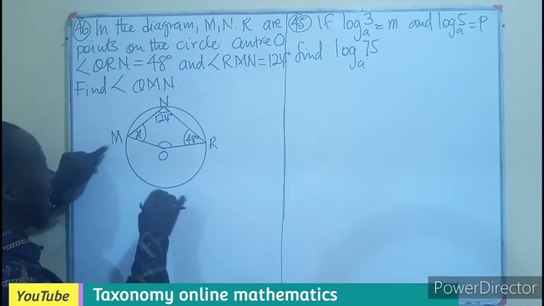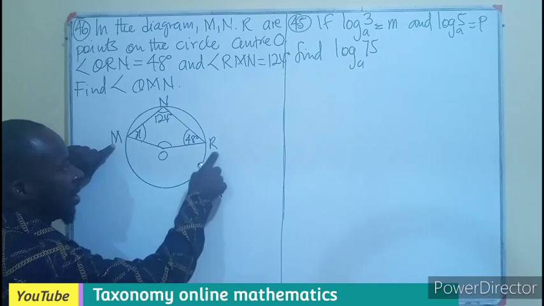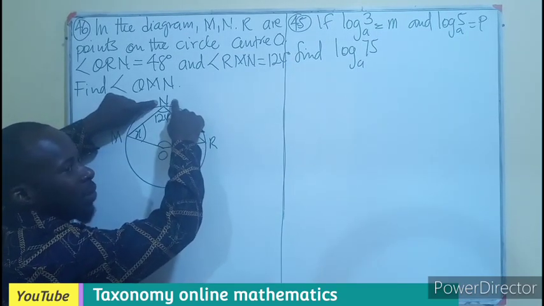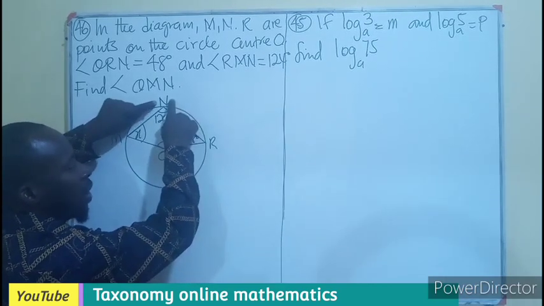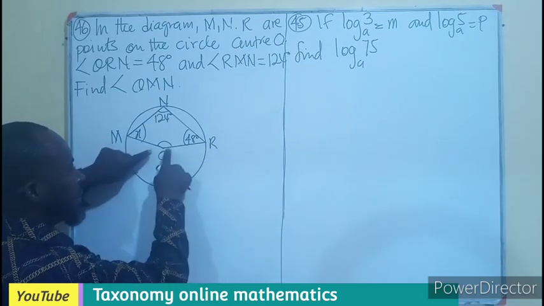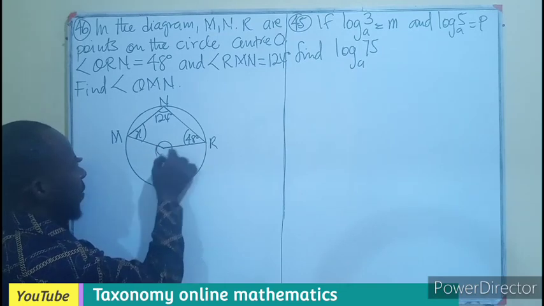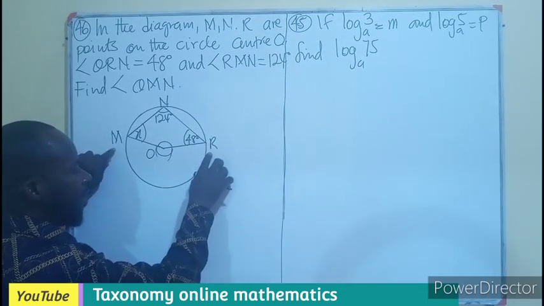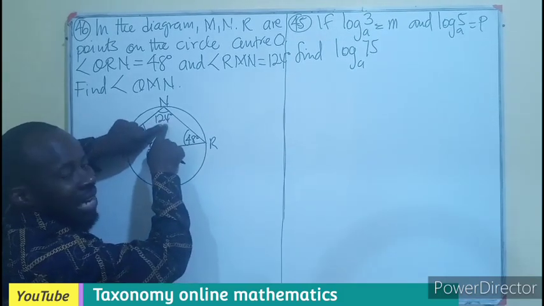If you look at the arc MR, the arc MR sustains the angle 124 at the circumference. The same arc sustains the reflex angle at the center here. We know the property that the angle sustained by an arc at the center is twice the one at the circumference.